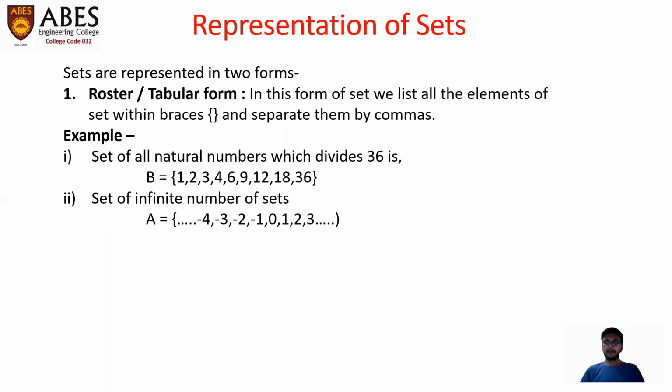Now the next topic is the representation of sets. In discrete mathematics, sets are represented in two forms. The first form is the roster, or tabular form. In this form, we list all the elements of the set within braces and separate them by commas.